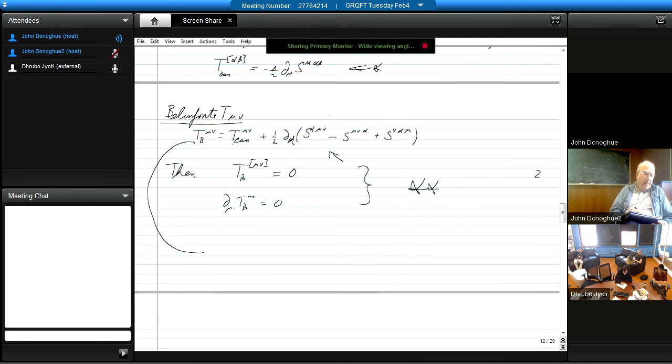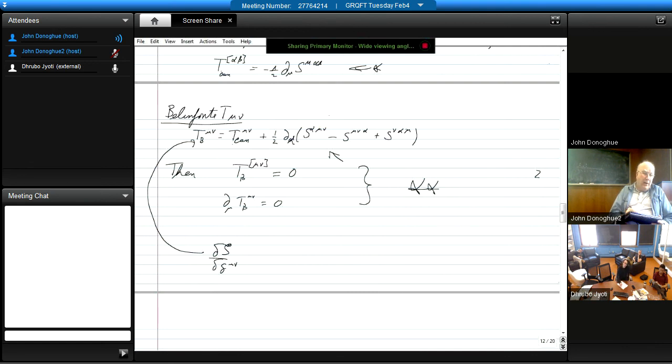Okay. So it depends how you define your stress energy, your energy momentum tensor. The Belinfante is the one that comes from the variation of the action with respect to g mu nu.